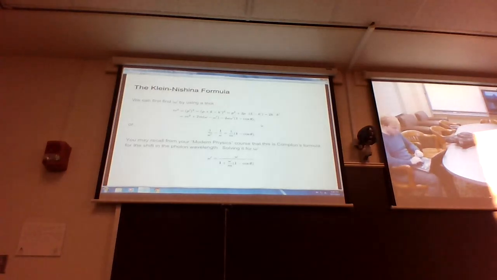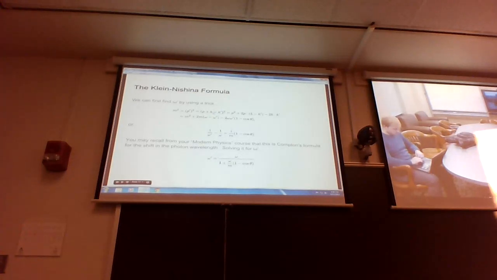The trick is to take the on-shell relationship for the final state electron. The final state electron has mass m, so m squared would be p prime squared. Then I can use conservation of four-momentum to rewrite p prime in terms of p and k minus k prime.